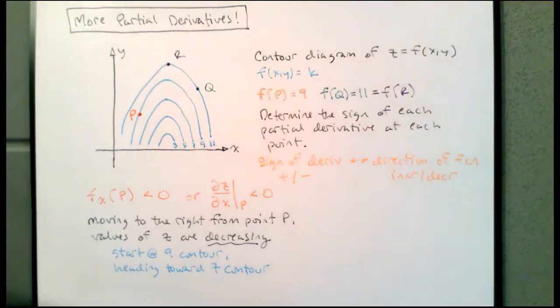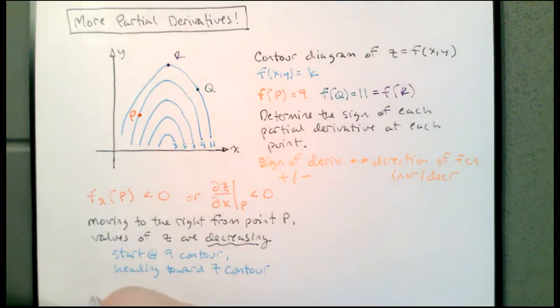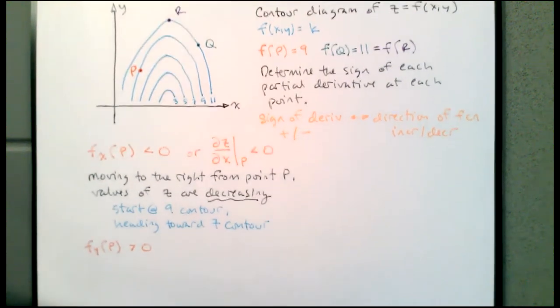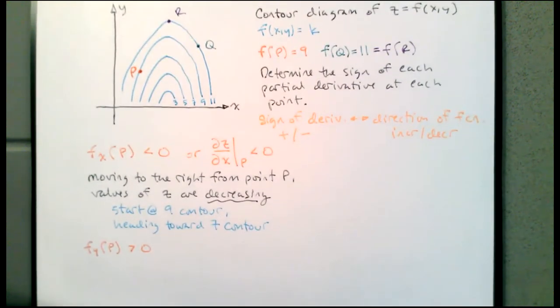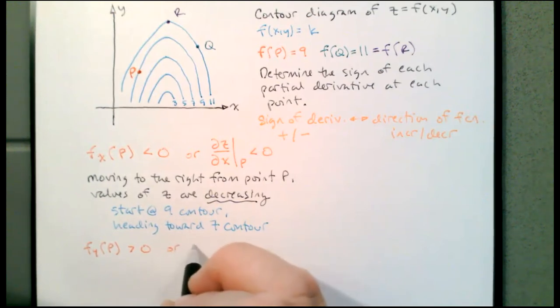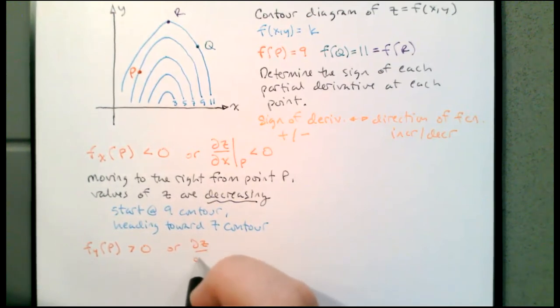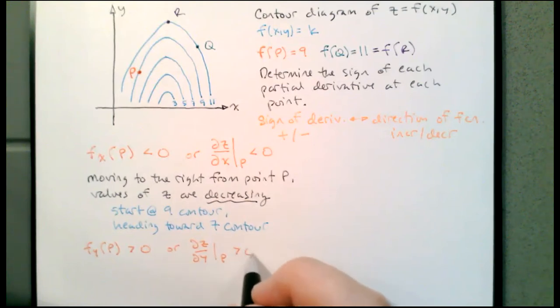So we would say that f_y evaluated at P looks to be positive because z is increasing if we start at point P and move in the y direction. Or we could also write this as the partial derivative of z with respect to y evaluated at P is positive.